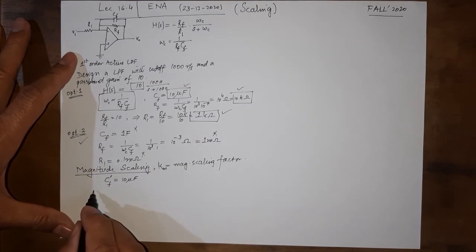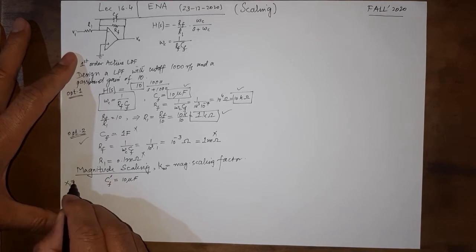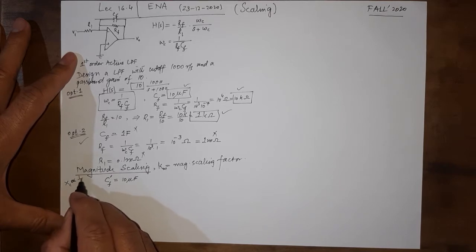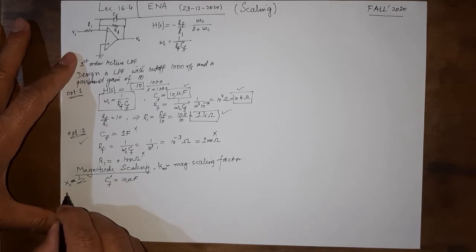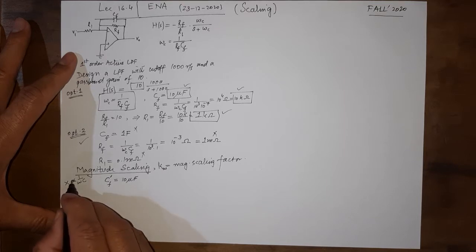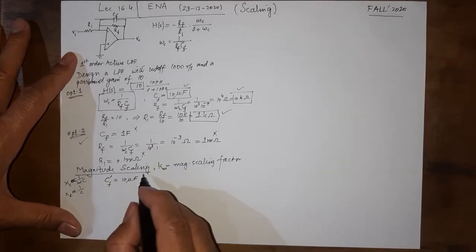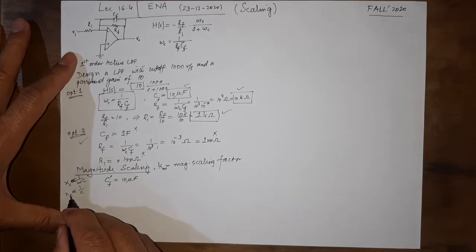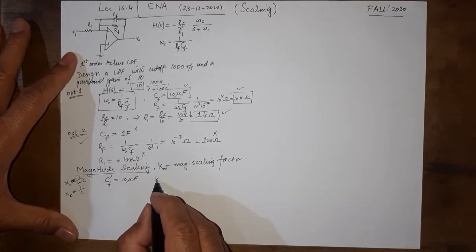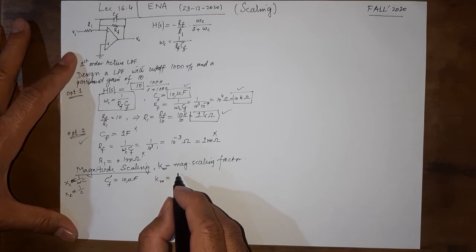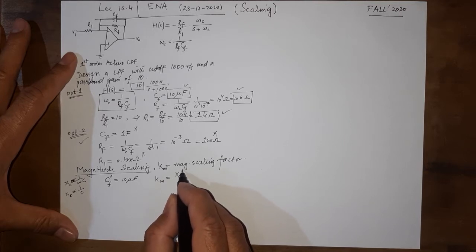Now, if you look at the reactances, remember the capacitive reactance is proportional to 1 over omega C. So basically, omega remains the same here. Omega C is proportional to 1 over C. So the magnitude scaling factor Km is between the reactances: the new reactance that we want and the current reactance that we have.